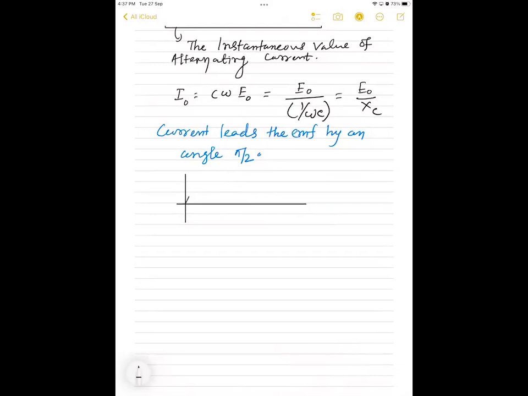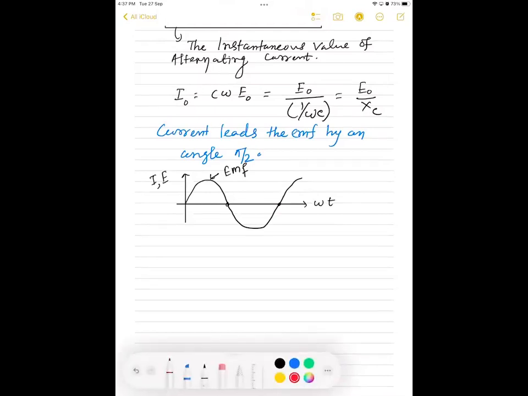Means EMF is the reference, right? This is the value of EMF, the voltage. On this axis we are taking current and EMF, and on this axis we are taking omega t. Then you can see the current is going to lead. Going to lead means it's going to start early. So it will be like this.